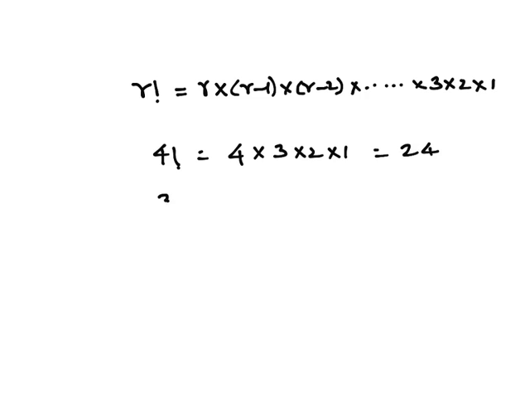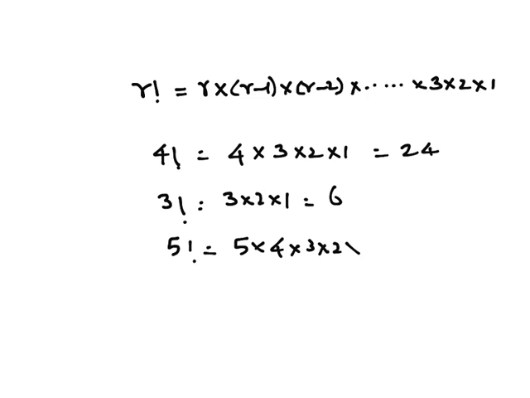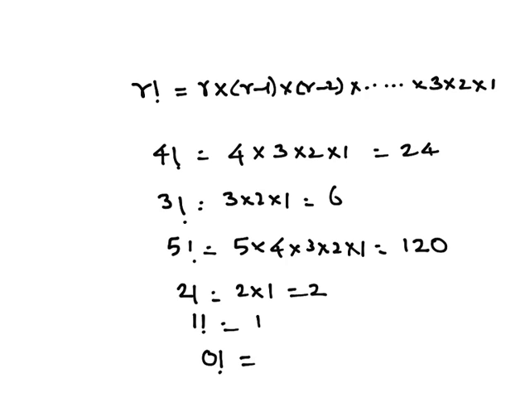When I say 3 factorial, it's 3 into 2 into 1, which is equal to 6. 5 factorial is 5 into 4 into 3 into 2 into 1, which means 120. And 2 factorial is 2 into 1, equal to 2. 1 factorial is 1, and 0 factorial is also defined as 1.